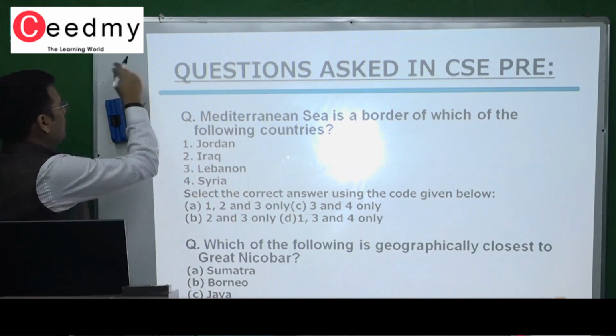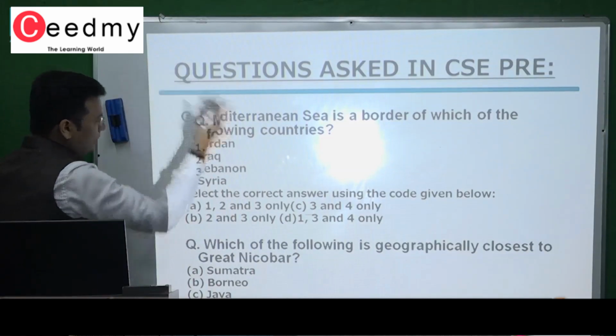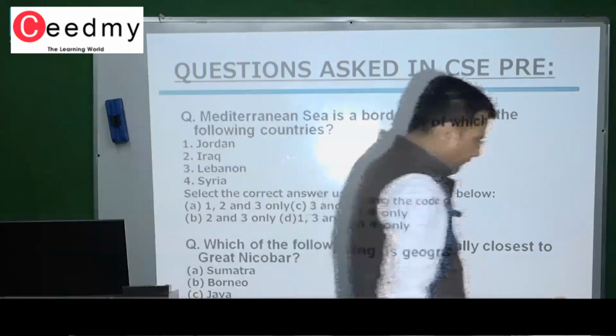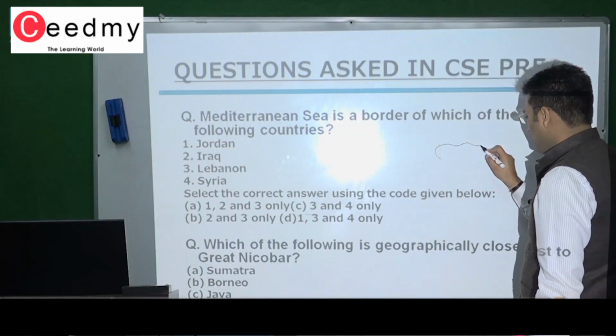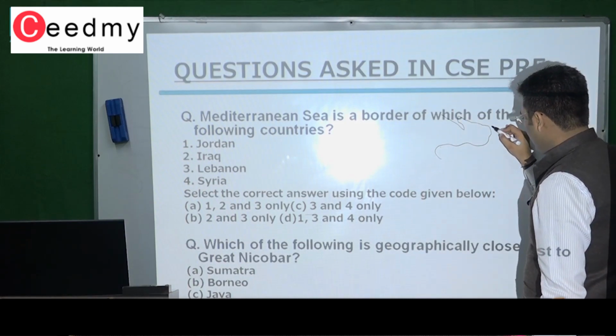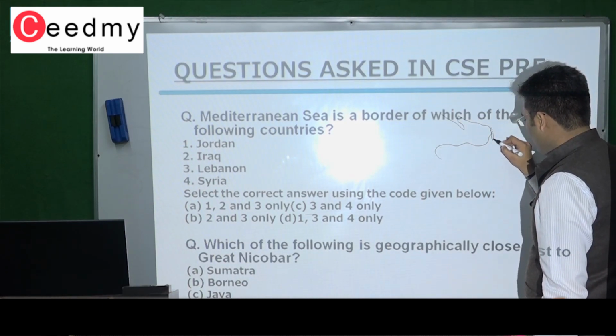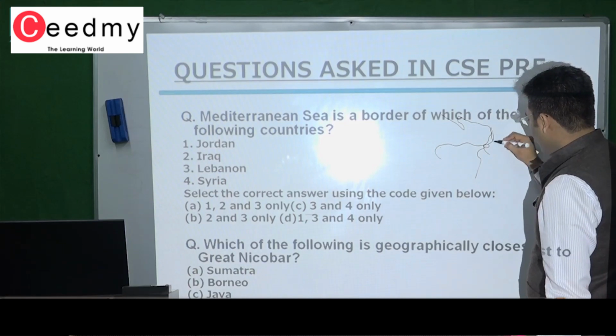If you know the area of the Mediterranean Sea in North Africa, you can easily draw the diagram of Africa, and this is Europe. Here is Lebanon, Israel, this is the region of the Suez Canal, and this is Egypt.